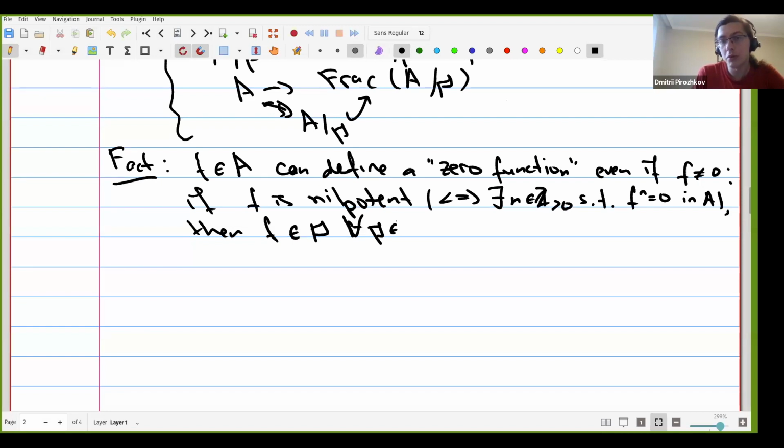And when I say for all prime ideals, I will write for all P in the spectrum of the ring, because that's just my definition of the spectrum of the ring. Hence, if you think of f as a function, then it defines a zero function everywhere.